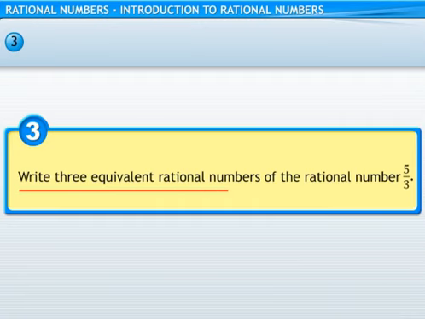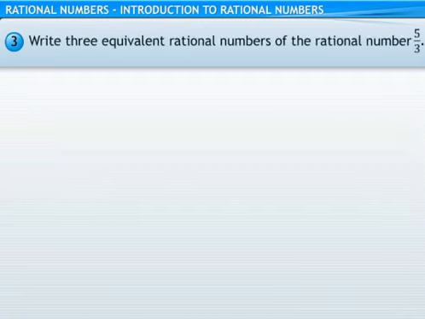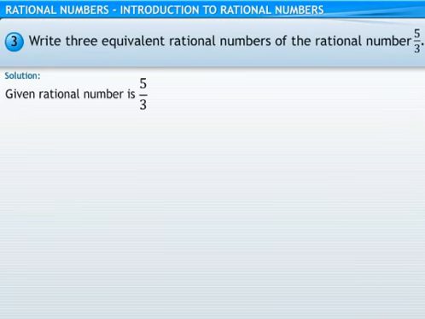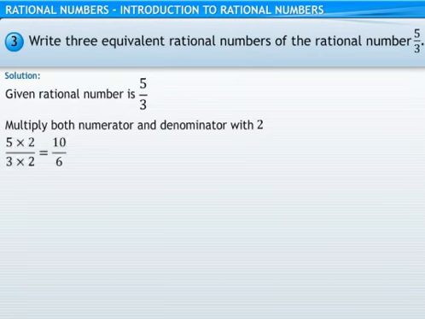Write 3 equivalent rational numbers of the rational number 5 upon 3. Consider the given rational number 5 upon 3. To find rational numbers that are equivalent to 5 divided by 3, we'll multiply its numerator and denominator with 2, 3, and 4.